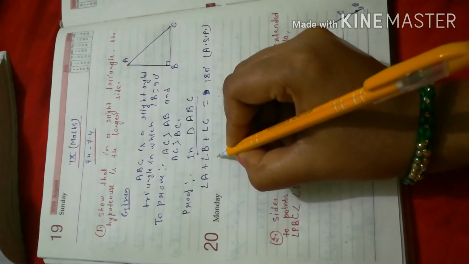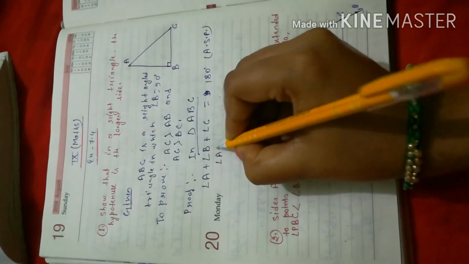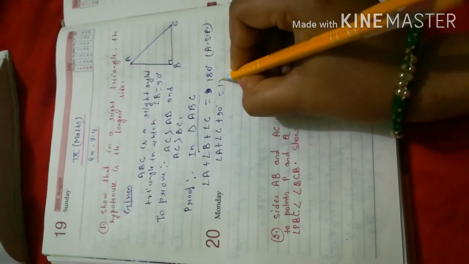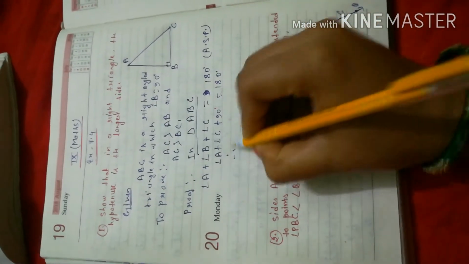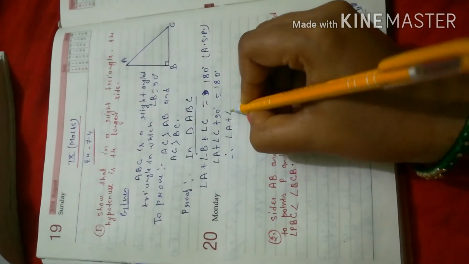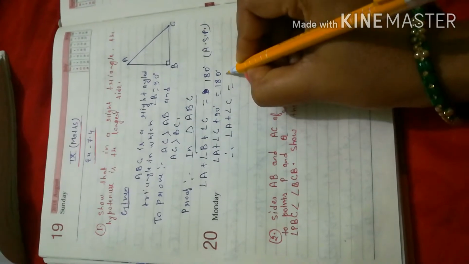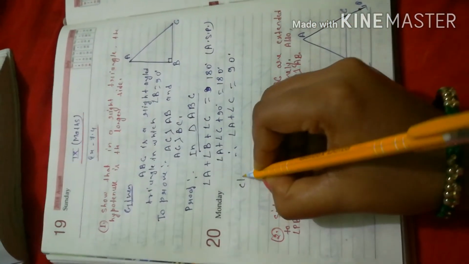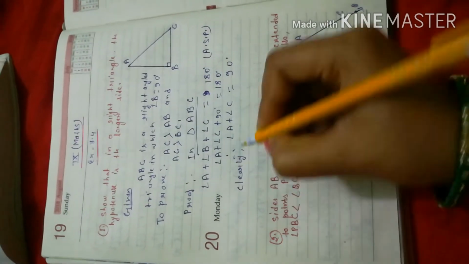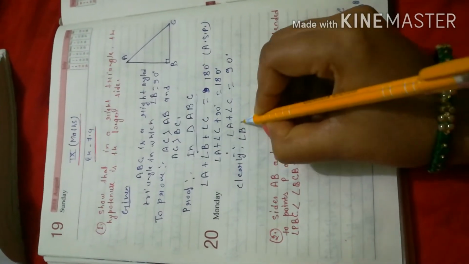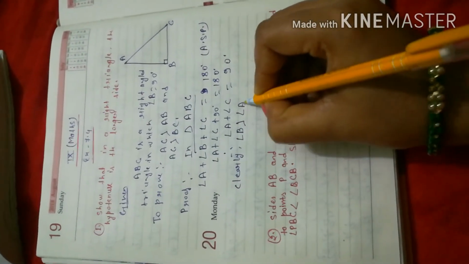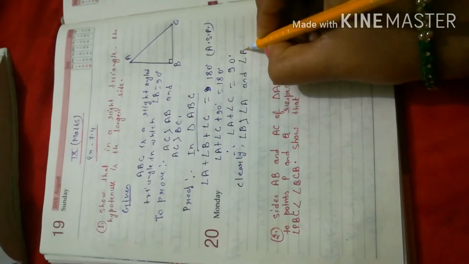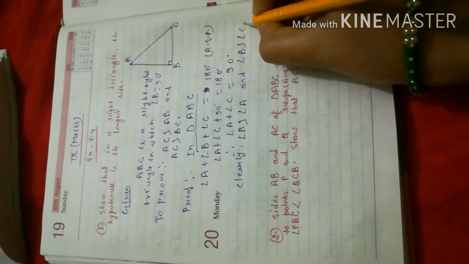Here angle B is 90 degree. Therefore angle A plus angle C equal to 90 degree. Clearly we can write angle B is greater than angle A and angle B is greater than angle C.